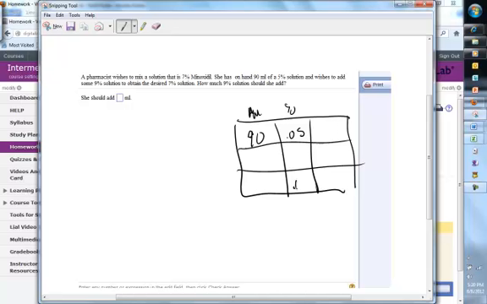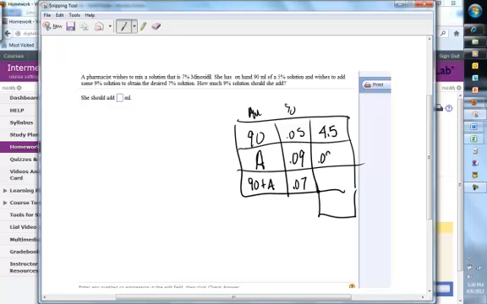And she wants to have 0.07. And she wants to add 0.09 to get that. Let's call this added. So when you add going down, you get 90 plus A. And when you multiply going across, 90 times 0.05 is 4.5.